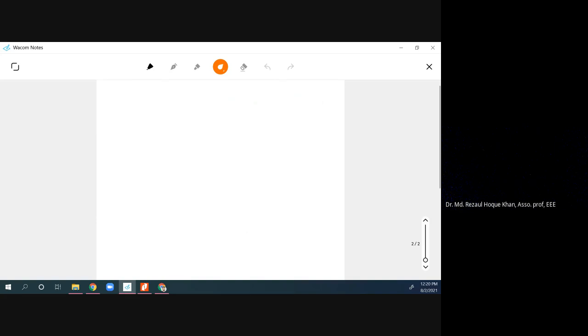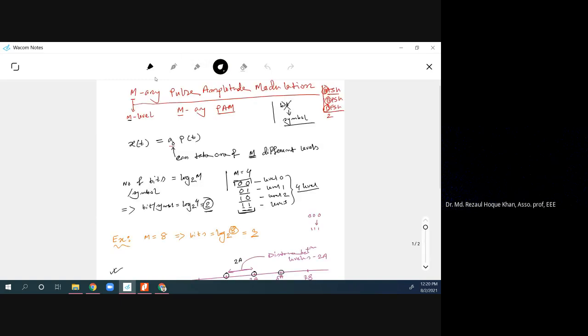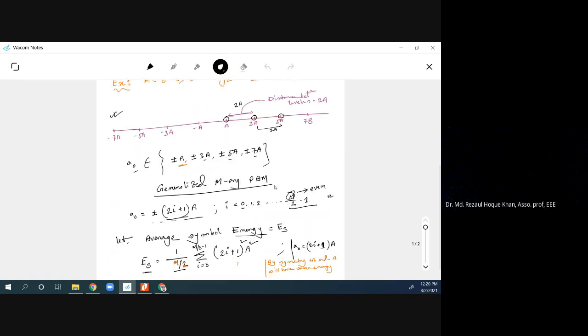So we can solve the equation for ES, the average energy. If it's by symmetry, what happens to the previous equation? Oh, okay, there is a square here.